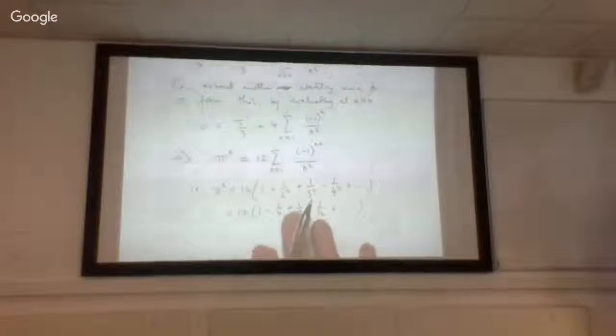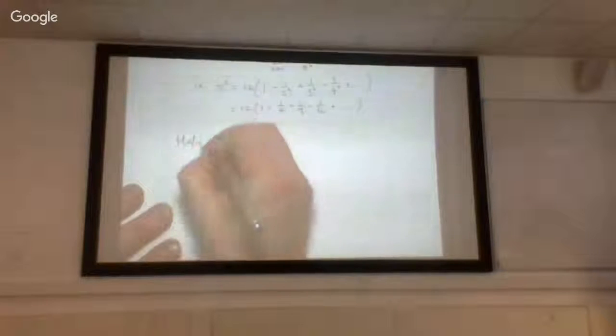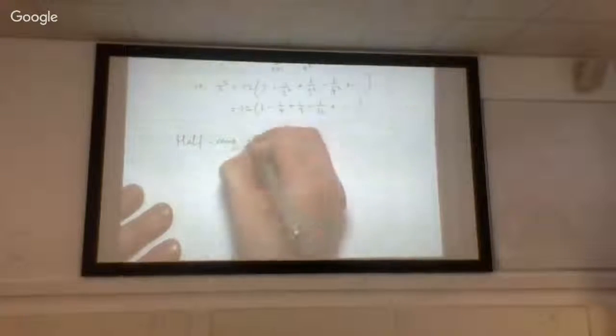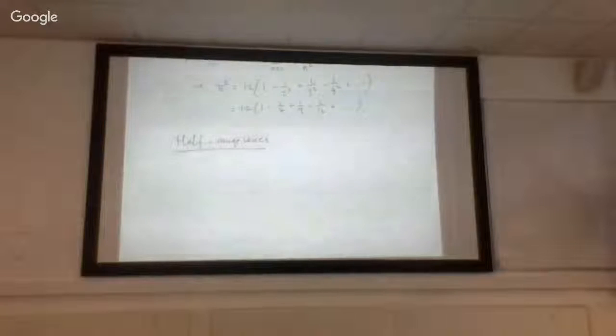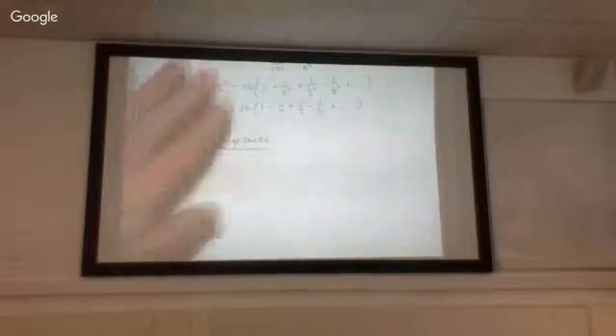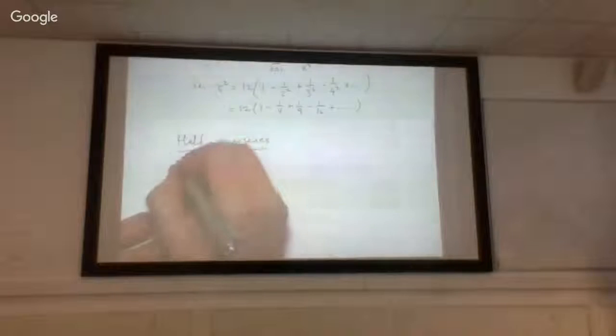These are called half-range series. There's a little description there in the notes, and I'll leave you to work through the example there yourselves, but I'll just introduce it to you.